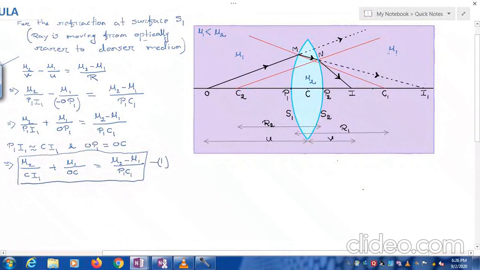Now for the refraction at the second surface S2, here the ray is moving from denser to rarer medium.